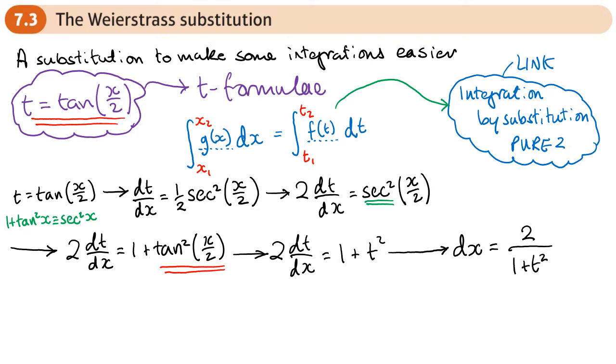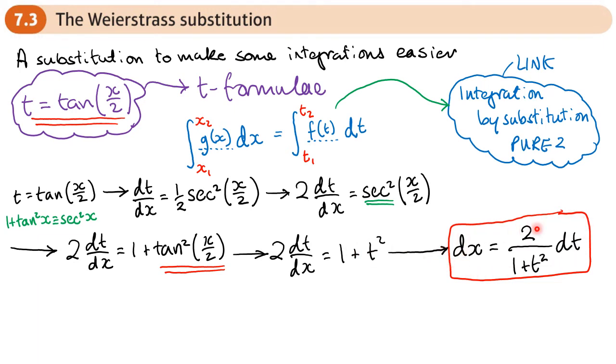Okay, so unless we're asked to prove it, we can use this substitution with the dt without proof. So if a question says, show that t equals tan of x over 2, then prove that dx equals this, then you go through these steps.